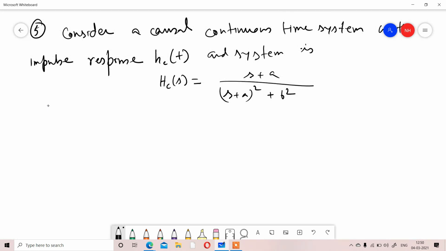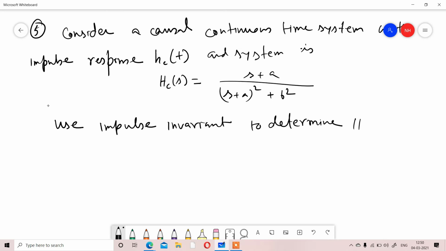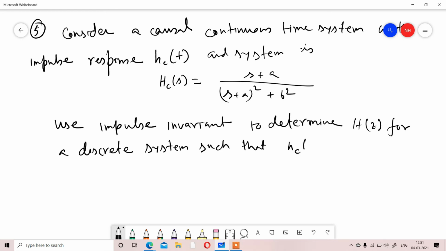Use impulse invariant to determine H(z) for a discrete system such that h(n) equal to hc(nT).